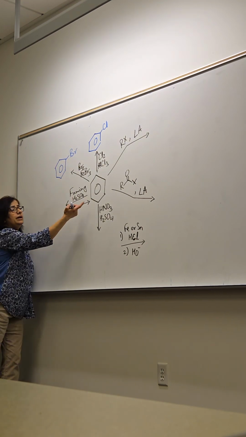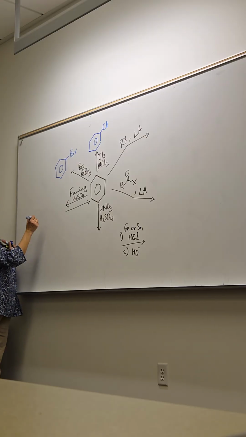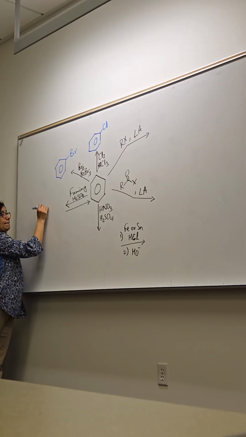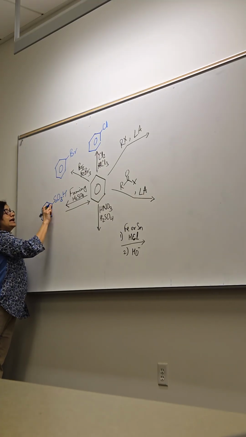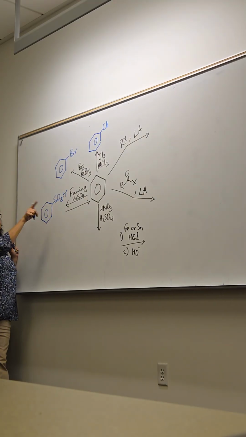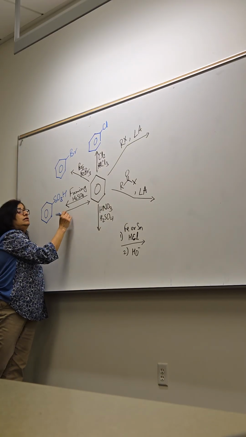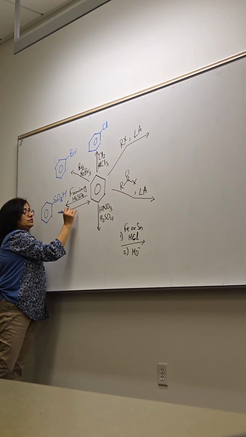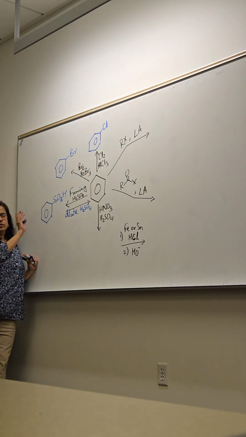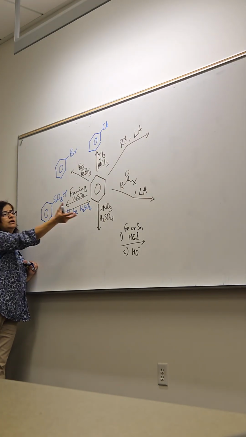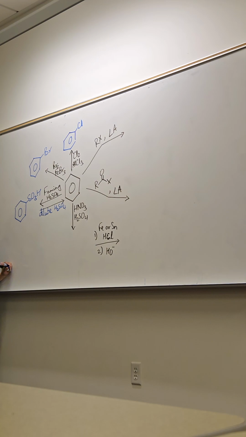What is produced when benzene reacts with fuming sulfuric acid? Benzene sulfonic acid. Good. And then benzene sulfonic acid can be hydrolyzed back to benzene by using dilute sulfuric acid. So it's a reversible process. Depending on what you use, you can go in one or the other direction.